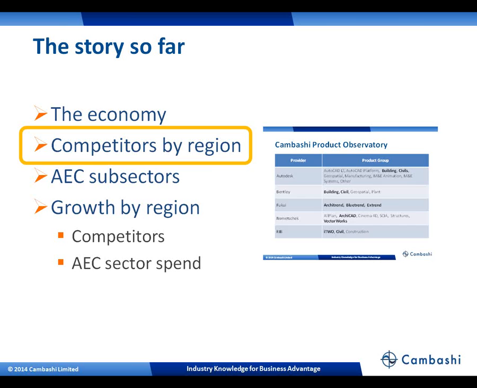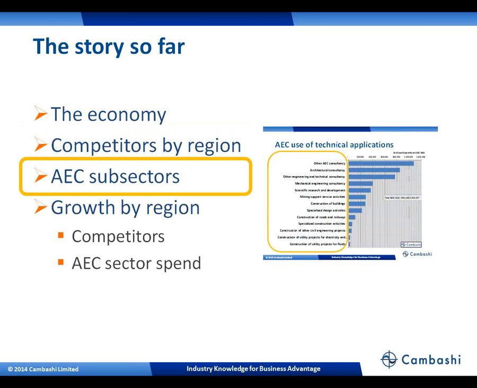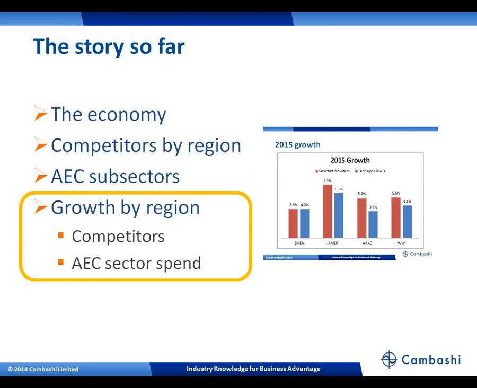Then next, to look at the market from a different point of view, we looked at the overall AEC sector spend and growth. And we put those together in order to create what may be the most significant slide for this target setting meeting, the region by region growth comparison between the competition and the AEC sector tech app spend. I'd like to add one more view.